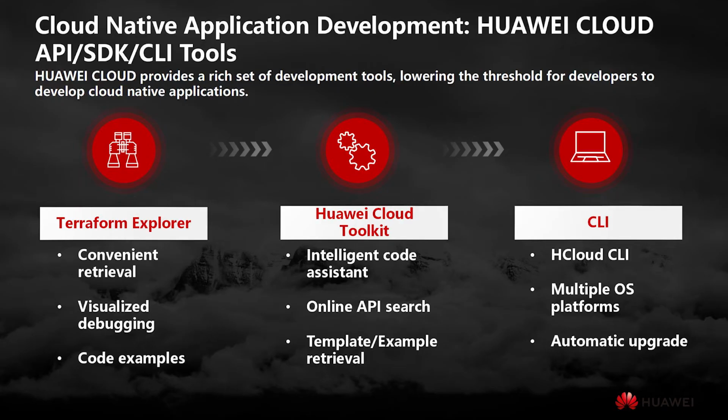With the help of the powerful intelligent code assistant, OpenAPI SDK code can be automatically and intelligently completed, significantly improving the development efficiency of cloud-native applications. The CLI is a convenient command line interface for script developers and O&M engineers to operate Huawei Cloud services. Next, I will show you how to use these 3 tools to manage, monitor, and stop Huawei Cloud resources.